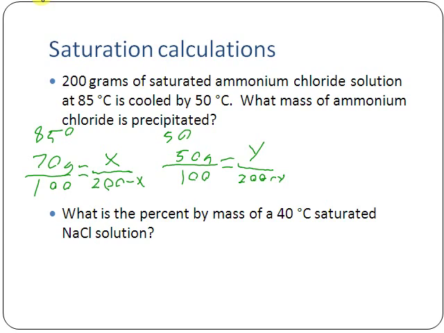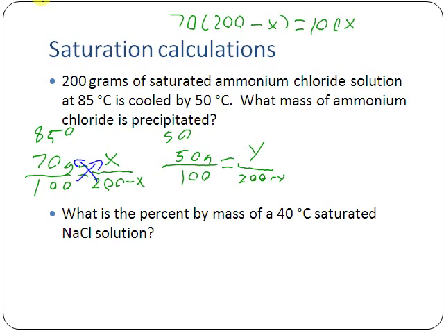On our first one, our 85 degrees, we're going to cross multiply, same as what we did before. And I'm going to write this at the top just so we have enough space. So what we have here is 70 times 200 minus X equals 100X.